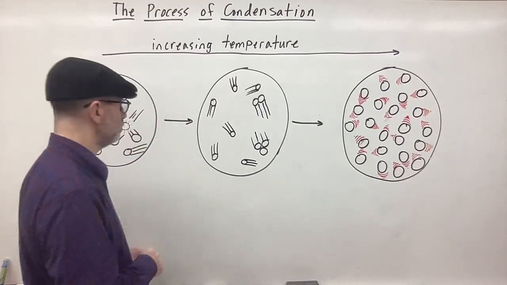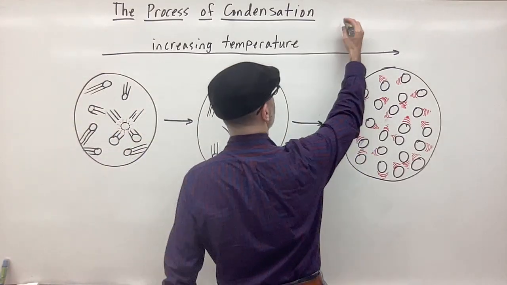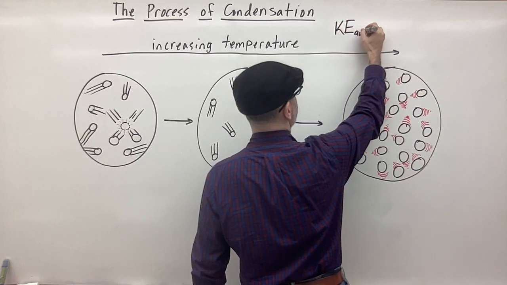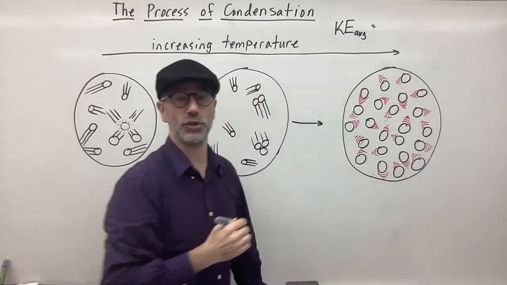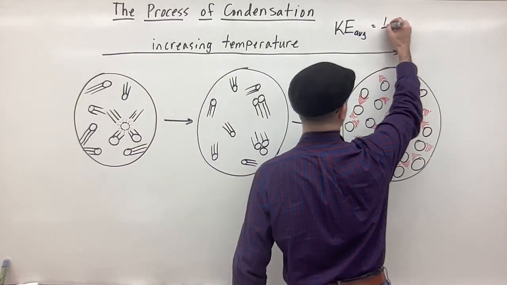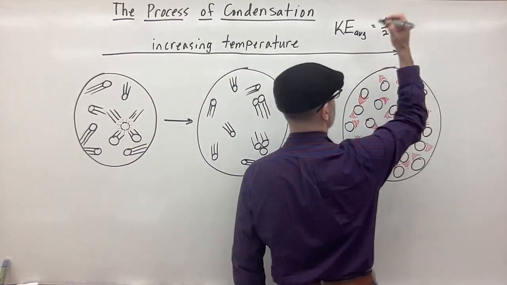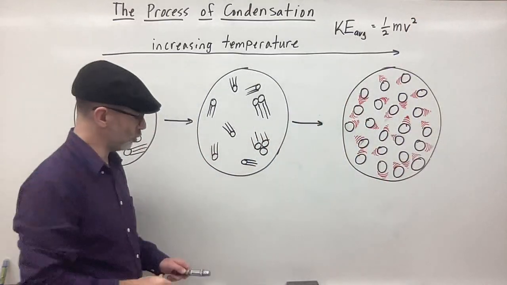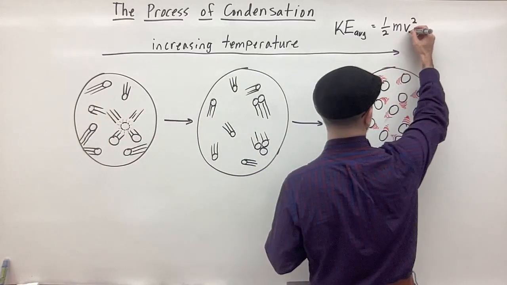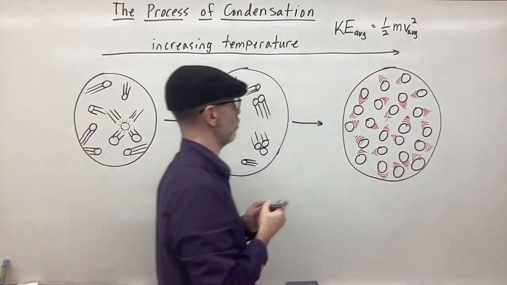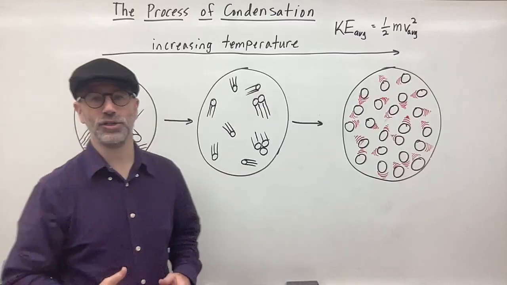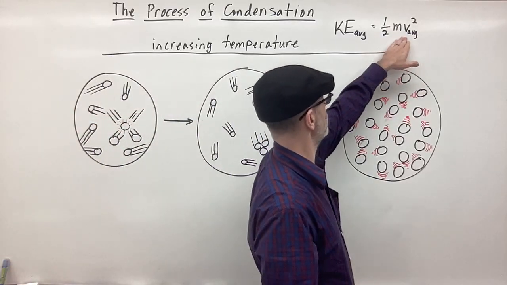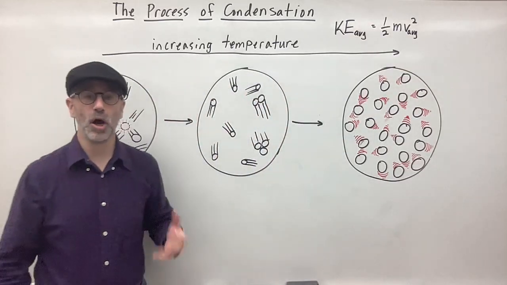The formula is average kinetic energy equal to 1/2 times the mass of the particle times the average velocity squared. So the average kinetic energy is related to the mass and the speed of the particles.